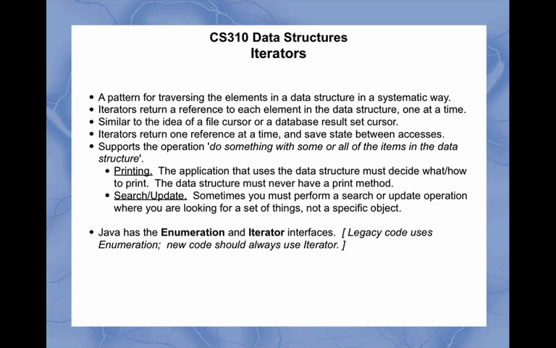The idea is really simple, and it's similar to a file cursor or a database result set cursor. That is, if we open a file for reading, we will read that file one line at a time. And so we will make a call to read line to get the next line. And when we do that, the cursor or pointer that exists in the file moves down to the next line automatically.